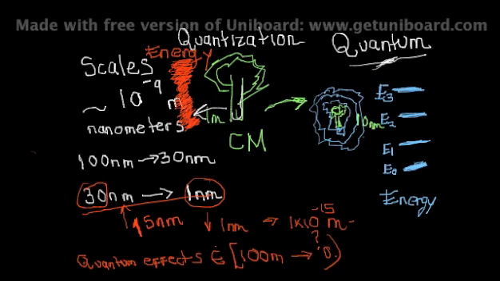When we have a quantum tree, the tree cannot be wherever you want to go. Only there are allowed states where they can be.